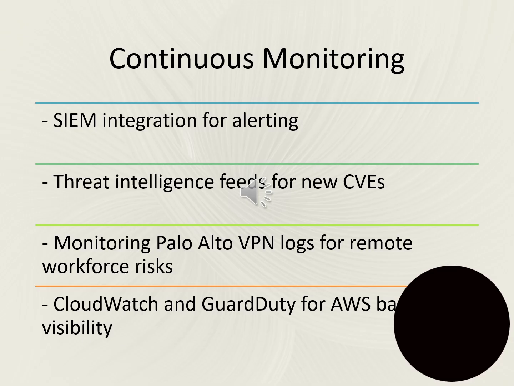Continuous monitoring is a very important part of the vulnerability program, because implementing robust security controls and not following up with continuous monitoring is pretty much useless. So for the Campus Pay program, we are going to implement a SIEM integration for alerting.